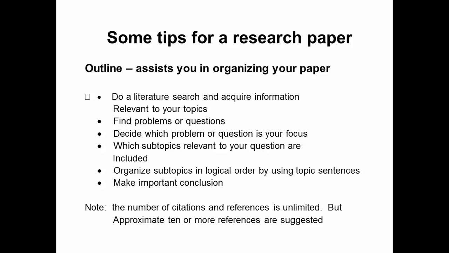I would suggest you find a very good review article for the topic you select. It is very helpful to read through the review articles and get some idea what kind of information you need, and then find the problems and questions you want to focus on, right? And then decide which problem or question will be your topic, your question, right?